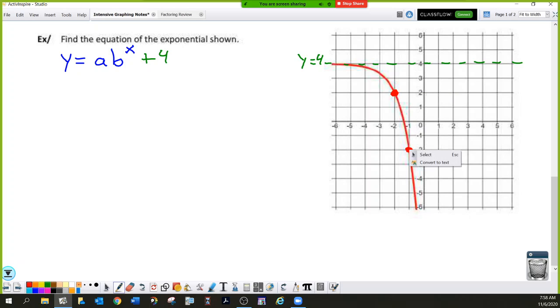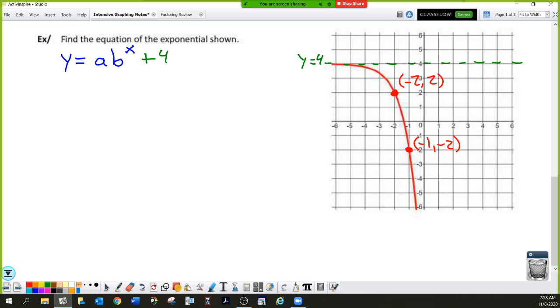So I've got one at (-2, 2), and I've got another at (-1, -2). I'm going to use those two coordinates to solve for my unknown a and my unknown b, and it'll actually show me what the unknown horizontal shift is as well.